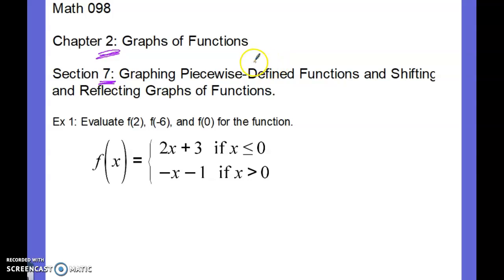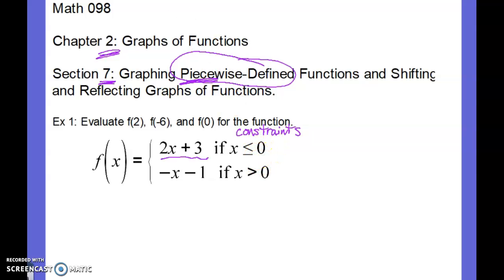We're looking at piecewise defined functions, and the reason why we call them piecewise is there's multiple pieces. And you can see in exercise 1 that we have two pieces, the top one and the bottom. Over here are what are called the constraints. And the reason why we have constraints is because we only do the top equation for x values that are smaller than 0 or equal 0.